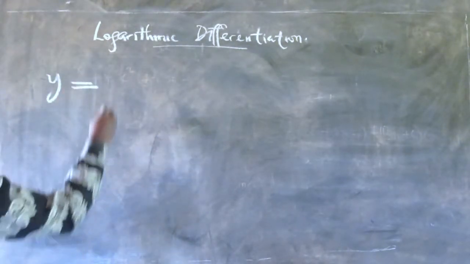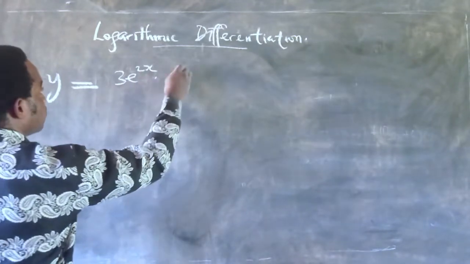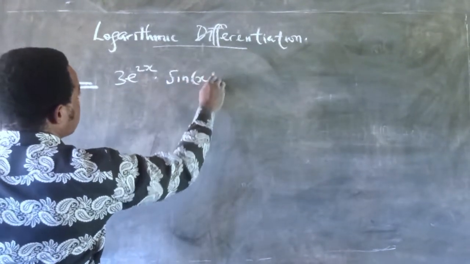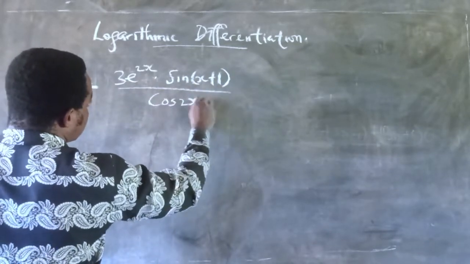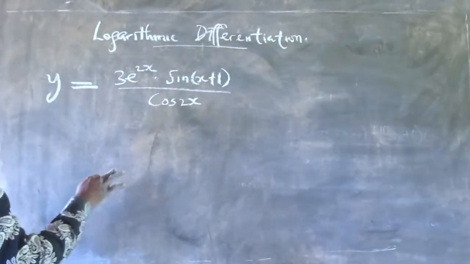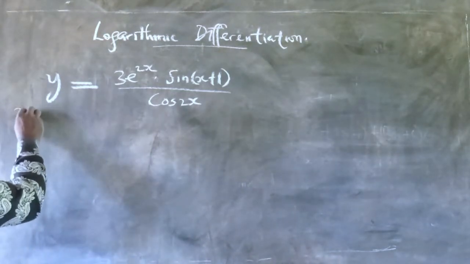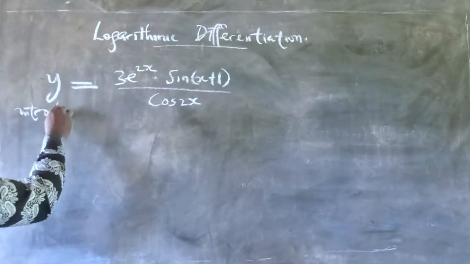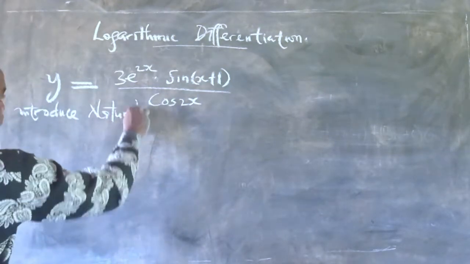To avoid that confusion, we should use logarithmic differentiation. The problem is y equals 3e raised to the power 2x multiplied by sine of (x + 1) all over cos 2x. Now let us solve this problem using logarithmic differentiation. We might get an answer that appears different, but in the long run, if you break them down, you will arrive at the same thing.